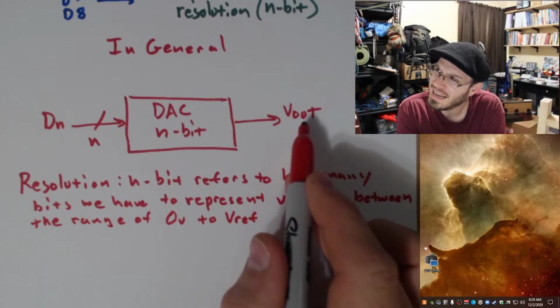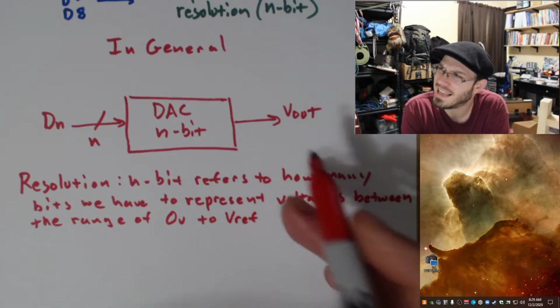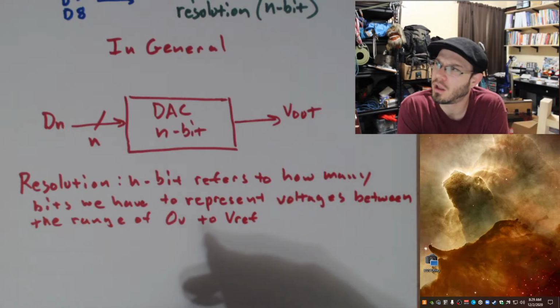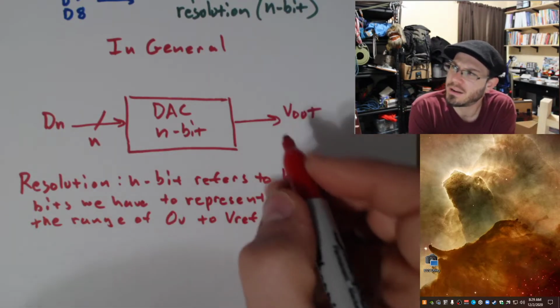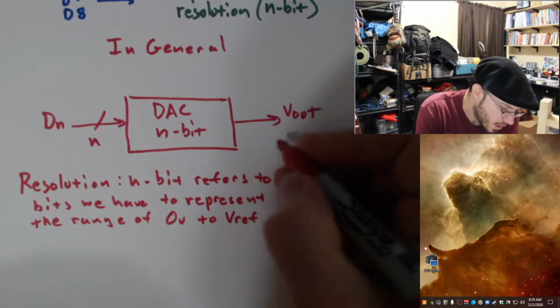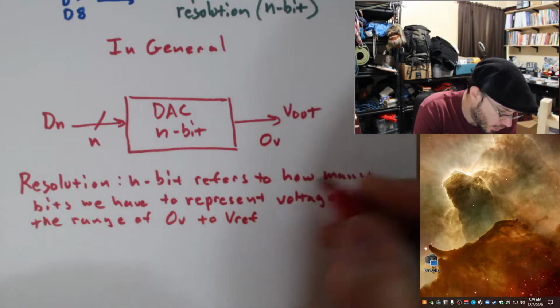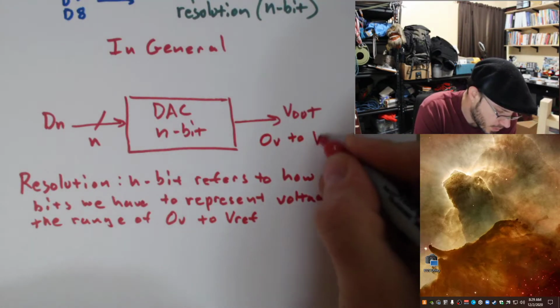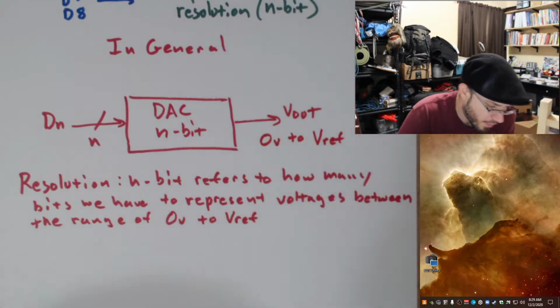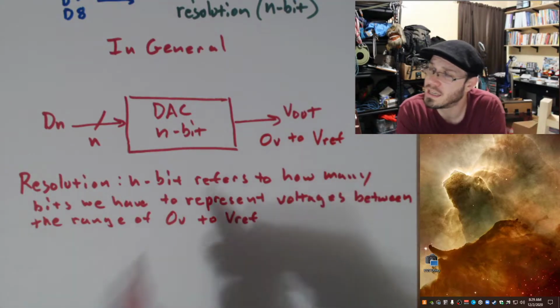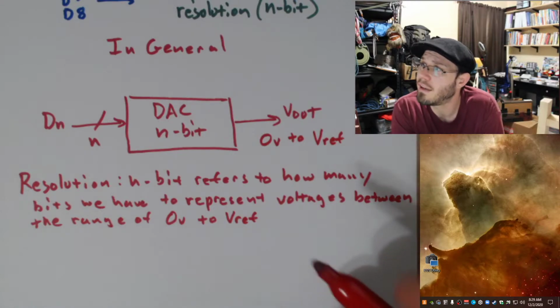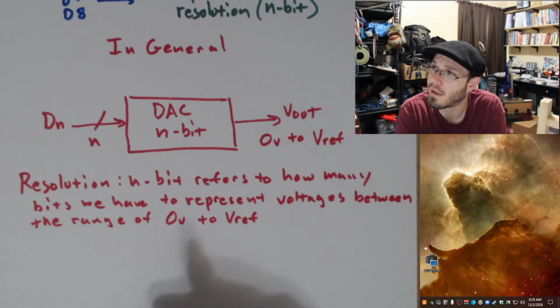So over here, I need to know what my range of voltages out from my digital to analog converter is. Now, generally speaking, 0 volts to Vref. Vref may be 5 volts, and in fact, in all my examples, I'll use 5 volts as my Vref.